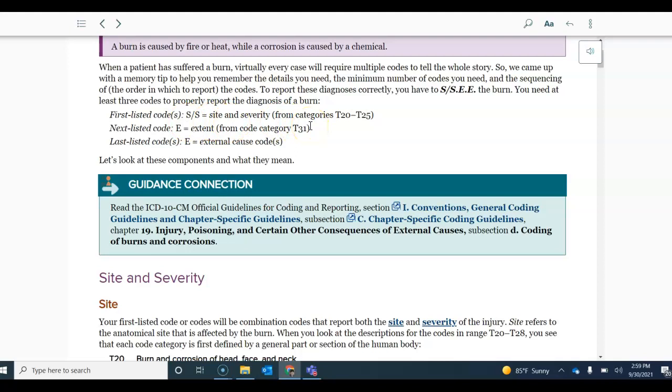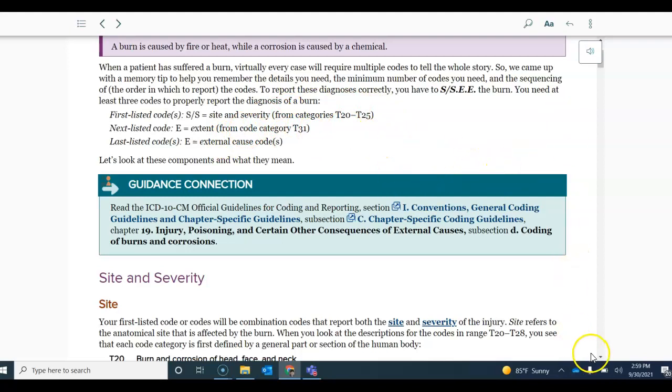So left arm, 1st degree. Okay, that's what I mean by site and severity. Then, if you have more than one site, you're going to have more than one site and severity code. So after you code all of your sites and the severity, meaning 1st degree, 2nd degree, etc., then you go to extent, and that's T31.